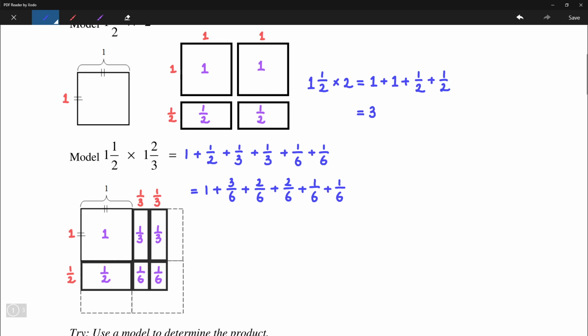And now we can add the numerators together since the denominators are all the same. So we have essentially 1 and 9 over 6, which would be rewritten as 2 and 3 over 6, and finally reduced to 2.5.